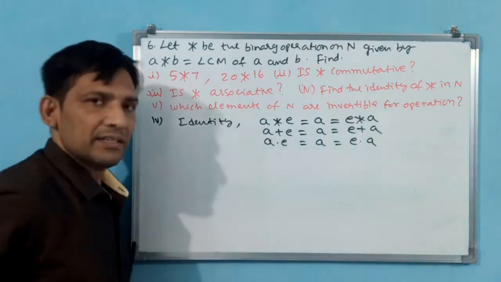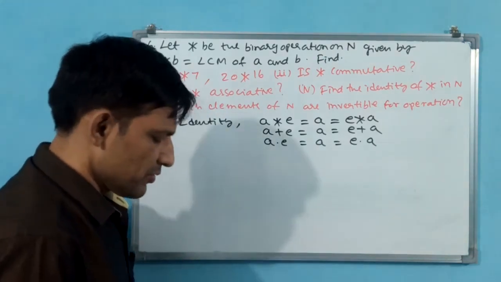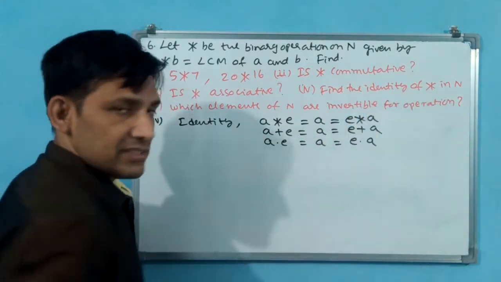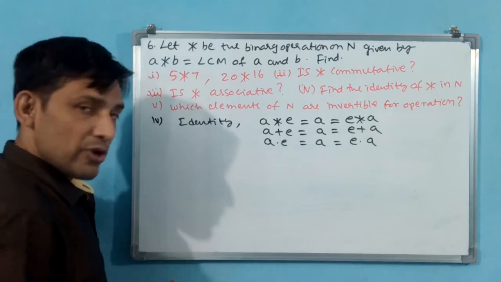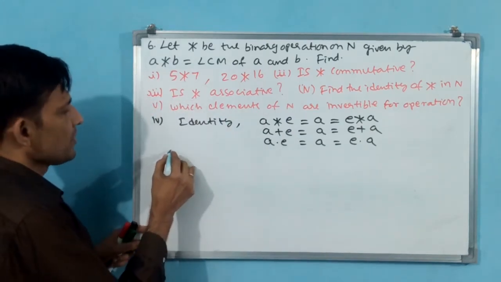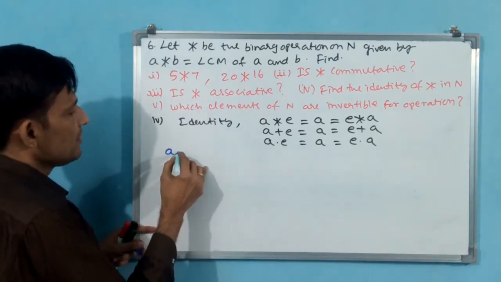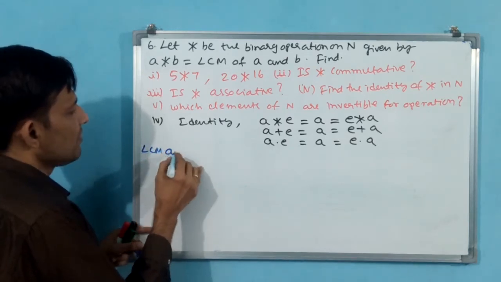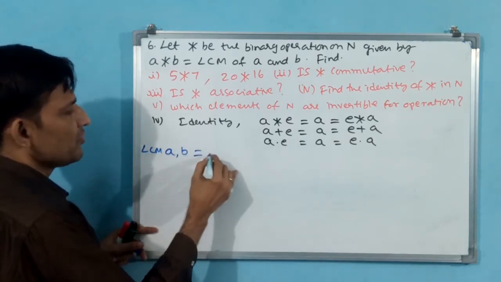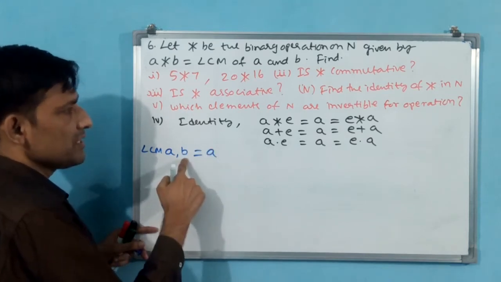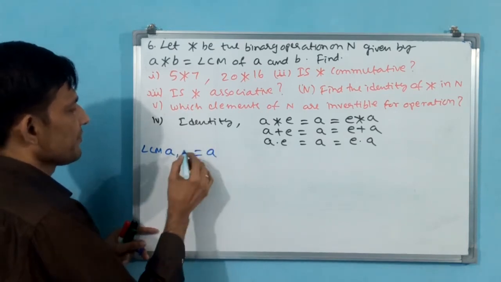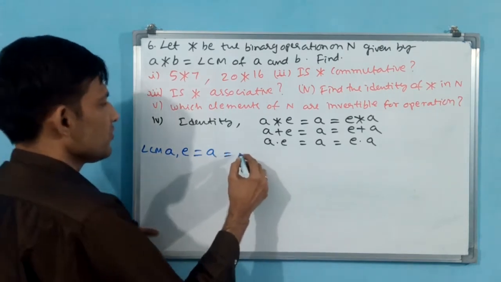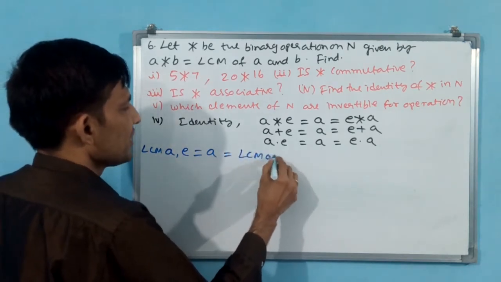This was the concept. Now this concept you have to take for LCM. Star means LCM. That means you have to write like this: A LCM E is equal to A has to come. Why? Because LCM of AE, A has to come, that is equal to LCM of EA.